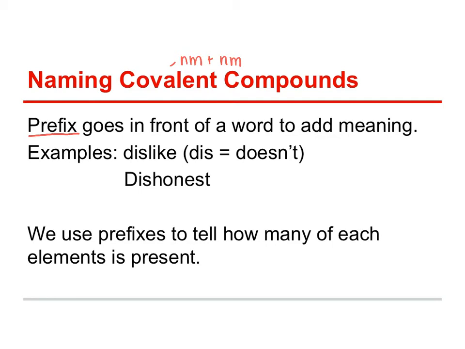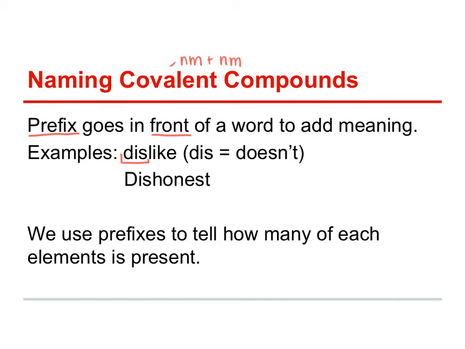And you guys have learned about these in English class. A prefix goes in front of a word to add or change the meaning. So some examples might be if you like something, that's generally a positive thing, it's good. If you dislike it, you don't like it.